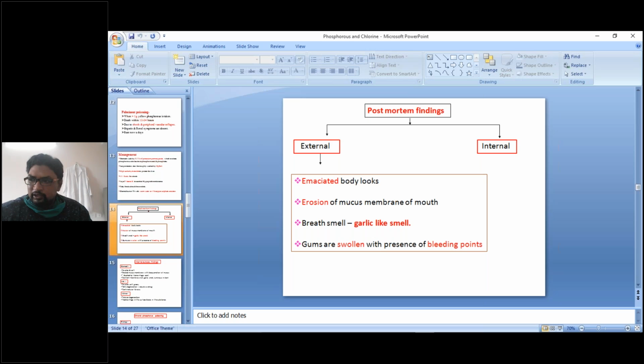You know, the breath smell is not the patient breathing, it is the examiner who has to breathe near the mouth where the poison is, because the patient is already dead. So the examiner will notice a garlicky smell. Gums are swollen with the presence of bleeding points. All these things can be seen in phosphorus poisoning.